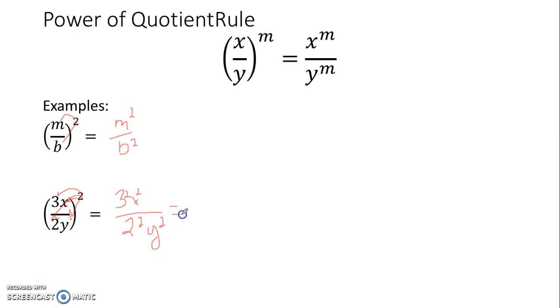So what is 3 squared? We know that's 9. 9x squared divided by 4y squared. And we'll just keep it as an improper fraction because I'm more worried about the exponents right now.